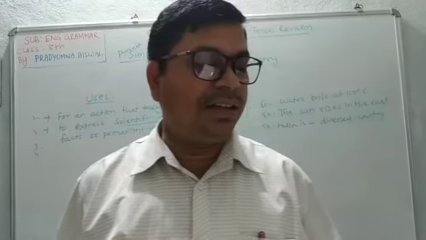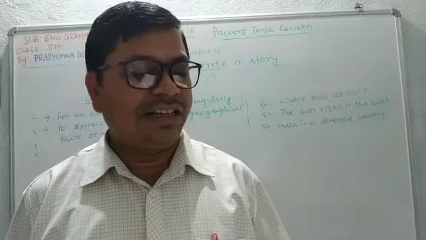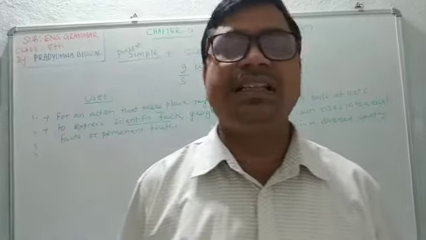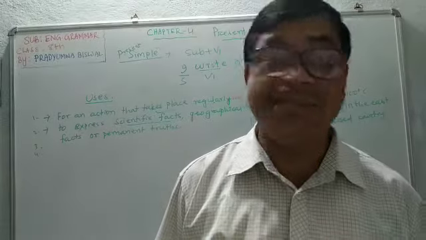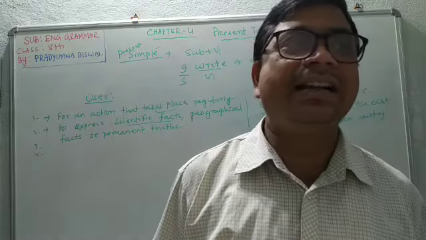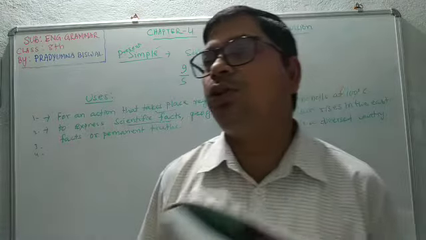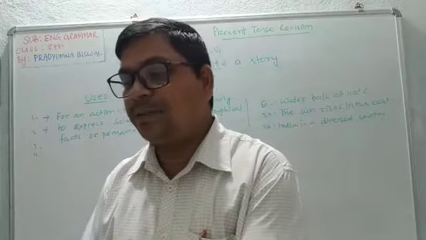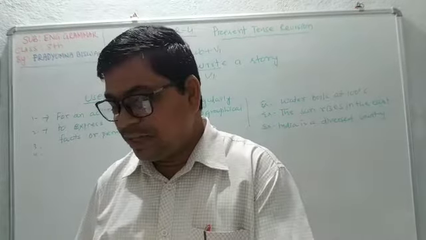The train leaves the station at 4 p.m. tomorrow. That means if it is a calendar case, then we also use present simple to express that. For example, it has not been given.